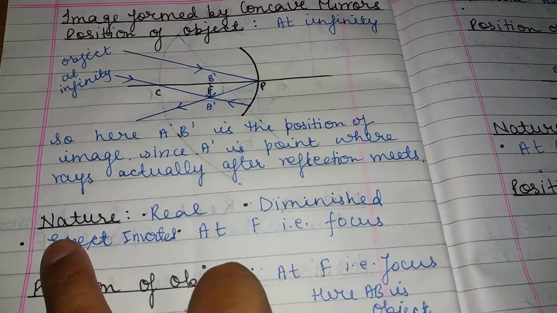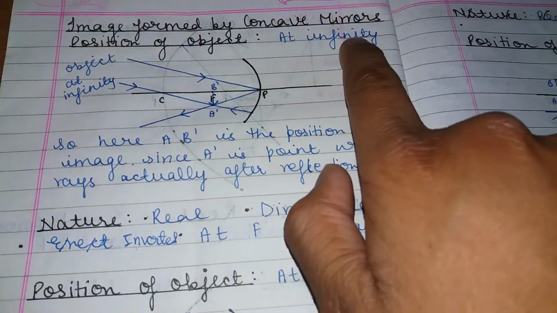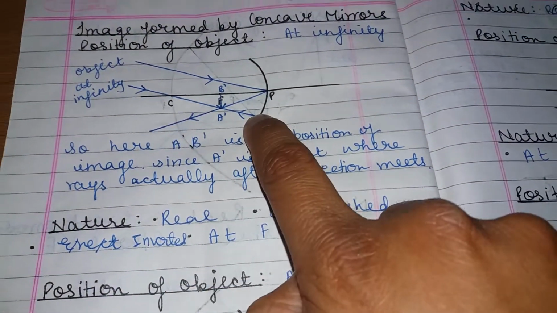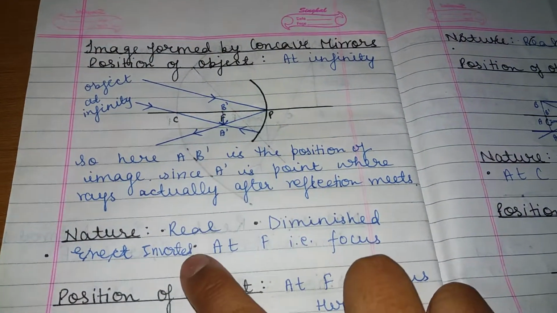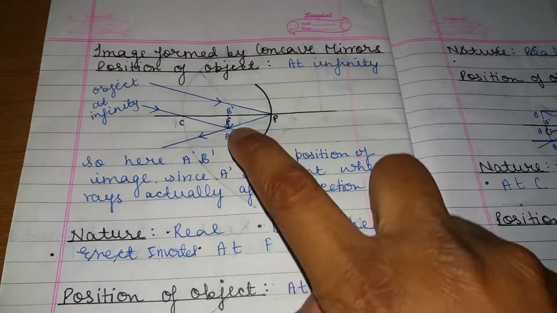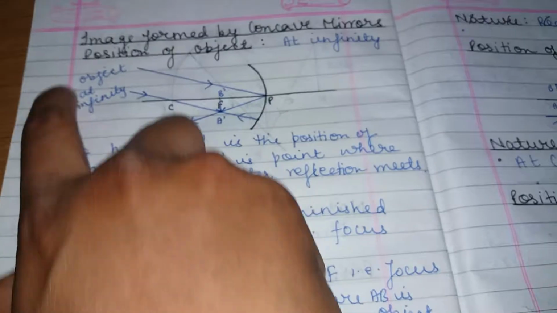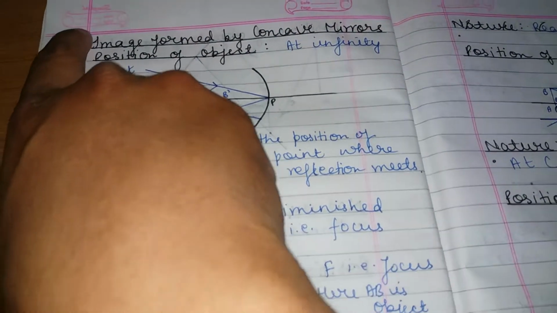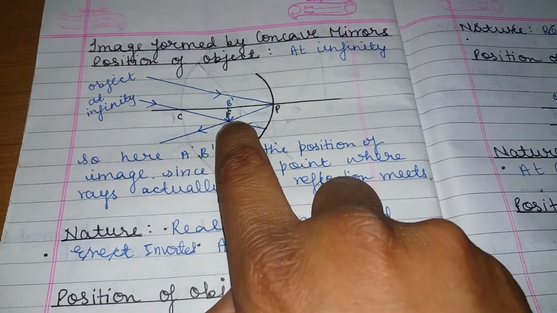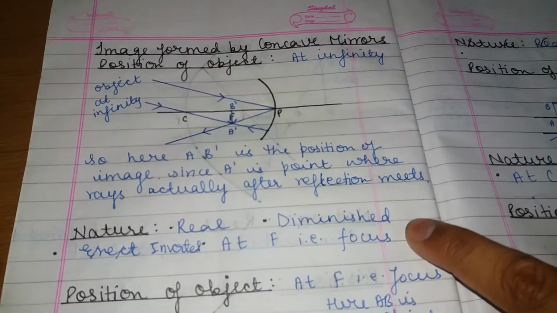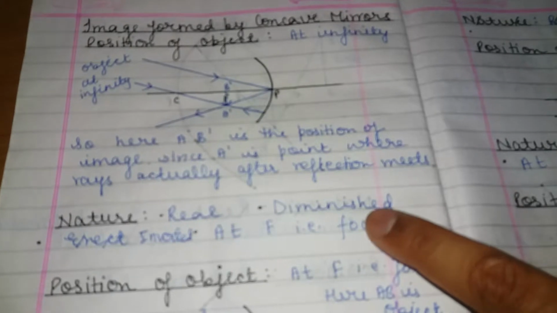Now, the nature of the image when the object is at infinity. First of all, the rays are actually meeting at a point A dash, so the image will be real. At infinity there is a large object size, but after reflection the image size is very small, so the nature of the image is diminished.